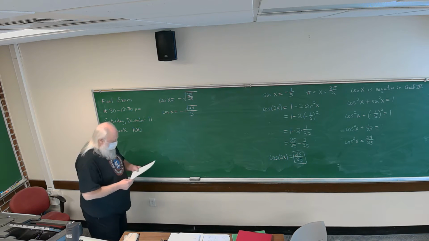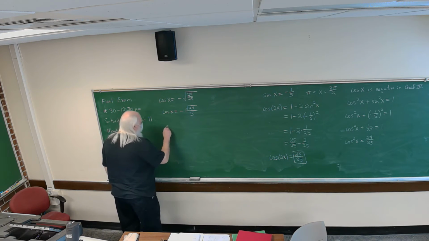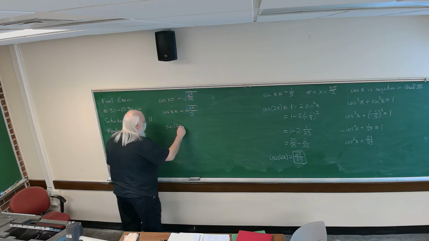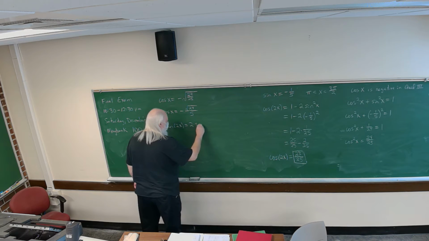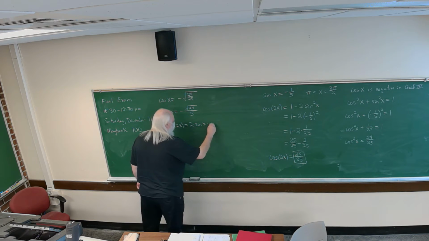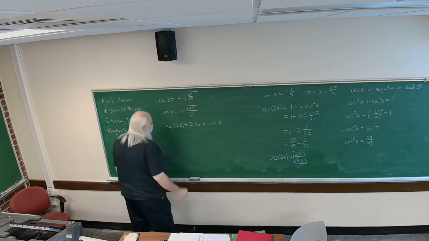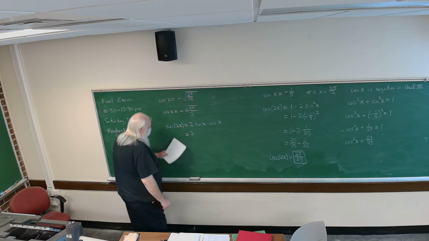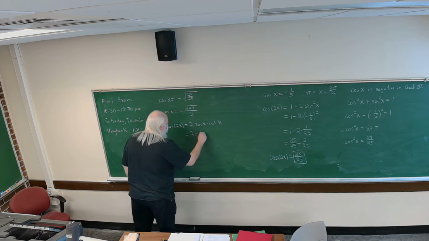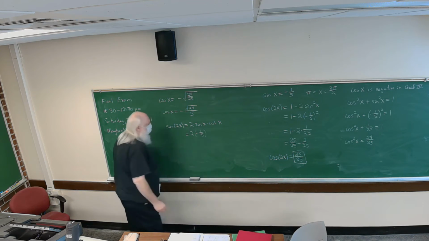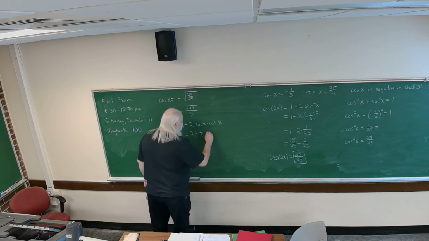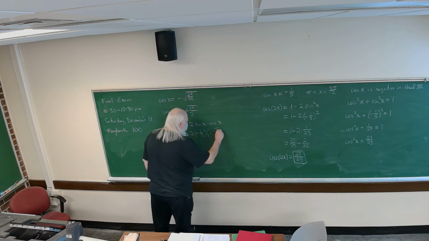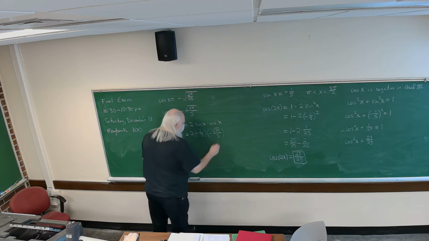Okay. And so now I can calculate the sine of the angle 2x, which is equal to 2 times the sine of the angle x times the cosine of the angle x. Well, the sine of the angle x is minus 1/5, and the cosine of the angle x is minus the square root of 24 over 5.